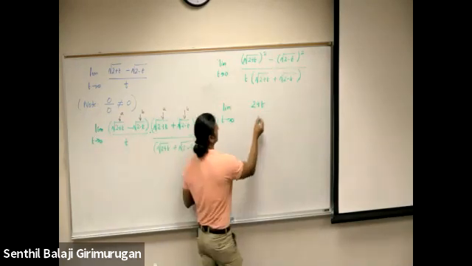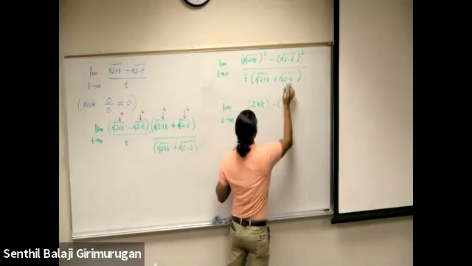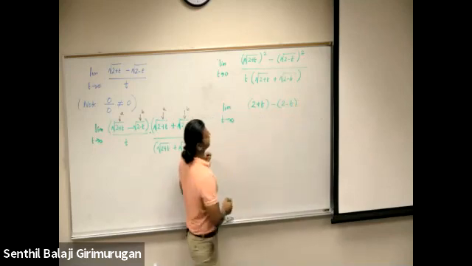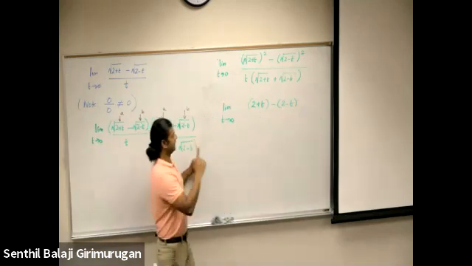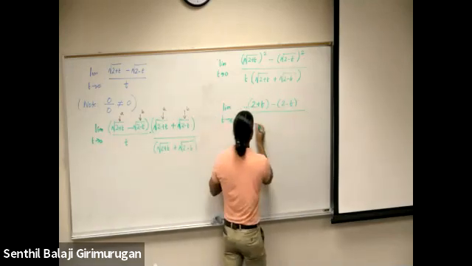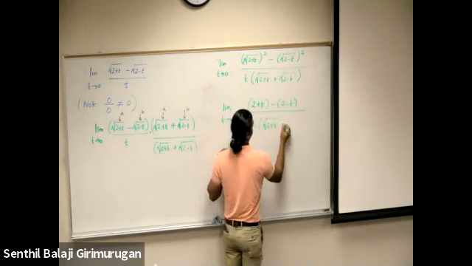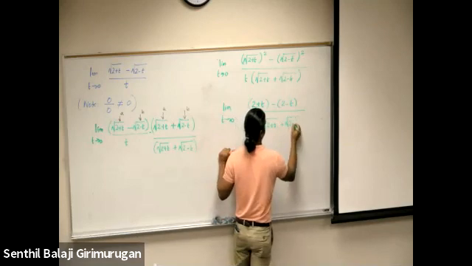The root and the square will get cancelled, divided by t, square root of 2 plus t plus square root of 2 minus t.